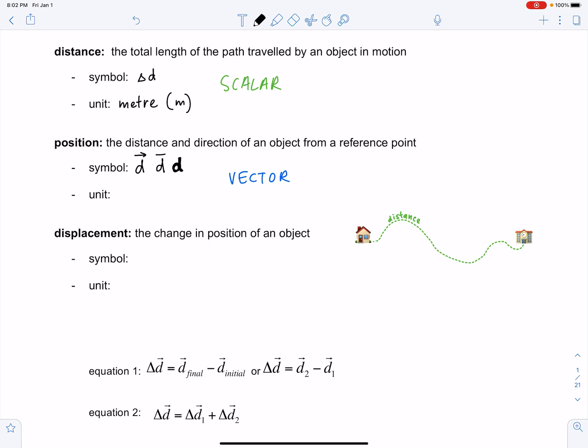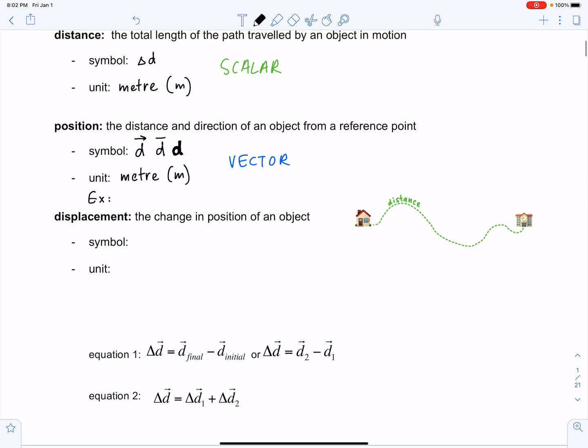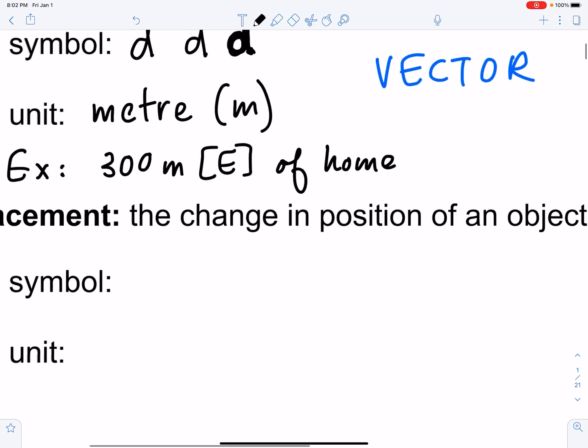Alright, the unit of measurement for position is also the meter, and we use the symbol m. An example of a position would be 300 meters east of home. So, in a position, we have things that you need to be aware of.